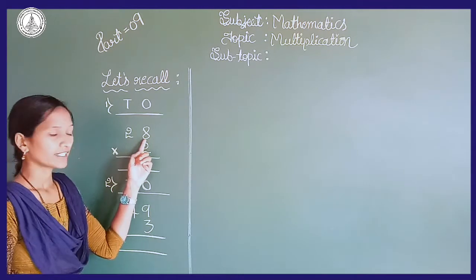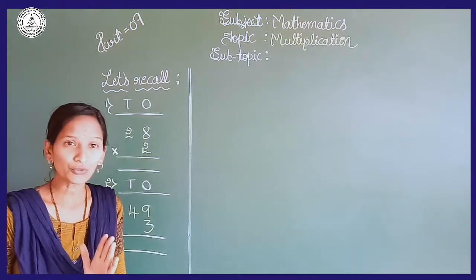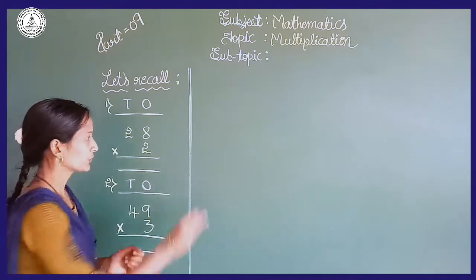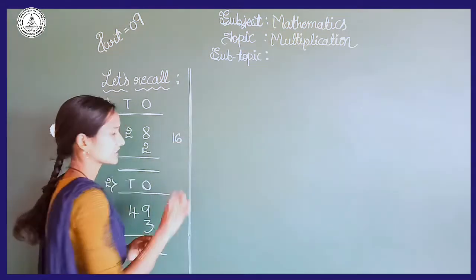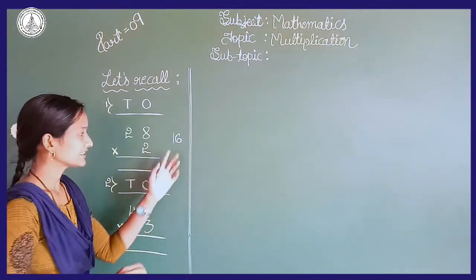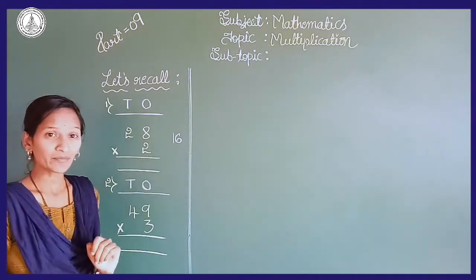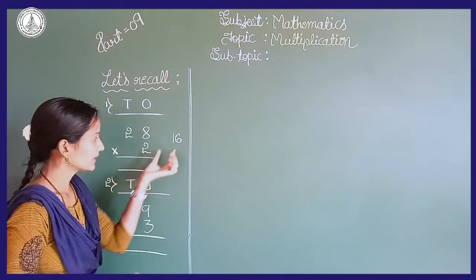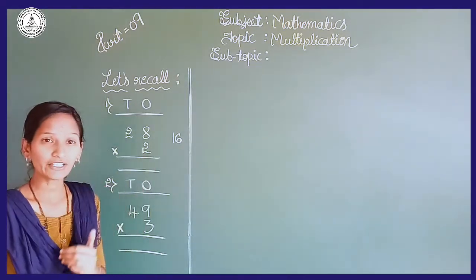2 into 8. In the table of 2, 2 eights are equal to what? 2 eights are 16, right? But 16 is a two-digit number, and you always write only a single-digit number here. What can we do?